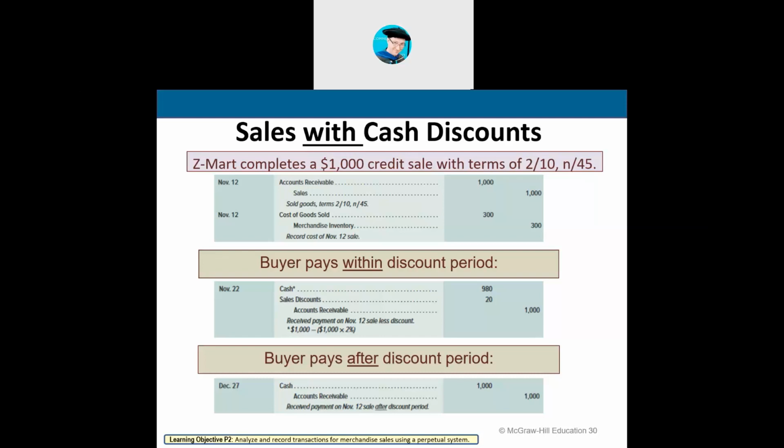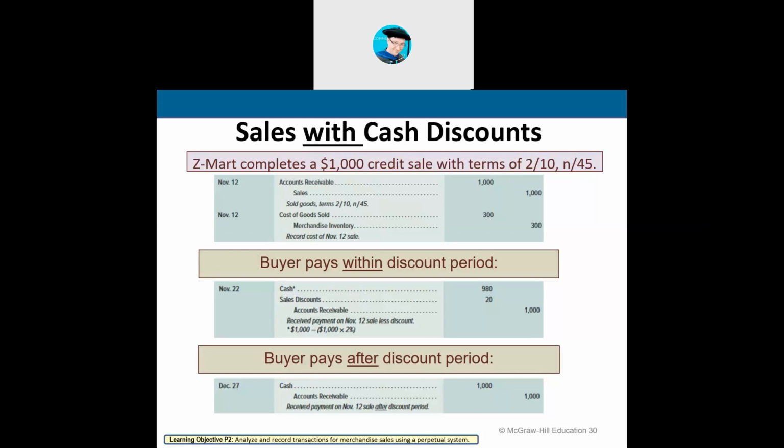We decided to issue our customer a discount offer of 2% if they pay within the first 10 days. Otherwise, the whole bill is due within 45 days. 2/10, net 45.